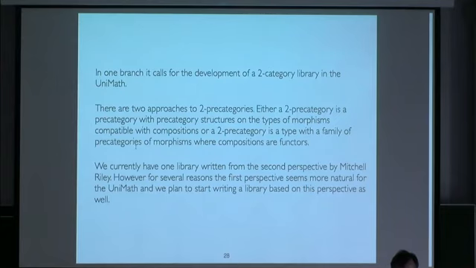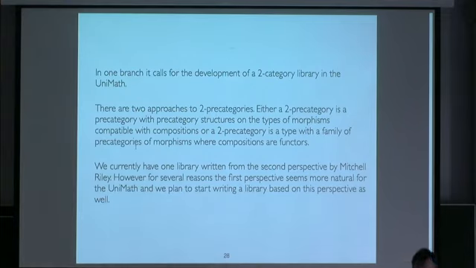It's either a pre-category with pre-category structures on the types of morphisms, compatible with what they need to be compatible, or a two-pre-category is a type with a family of pre-categories of morphisms where compositions are functors.